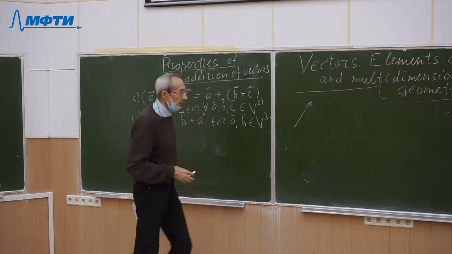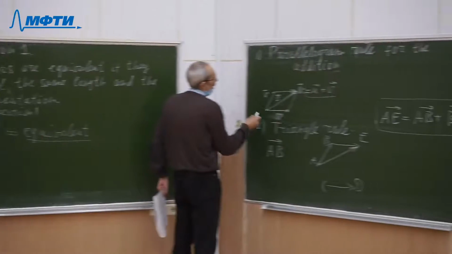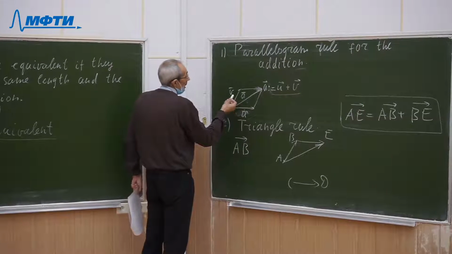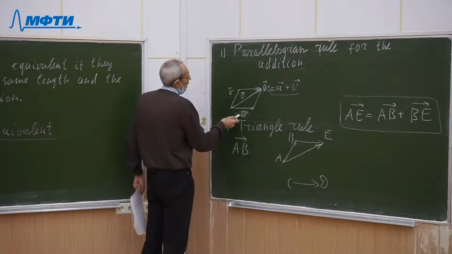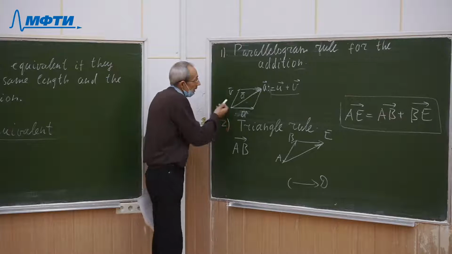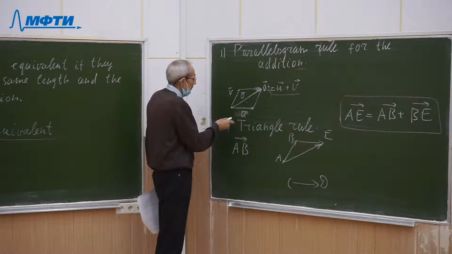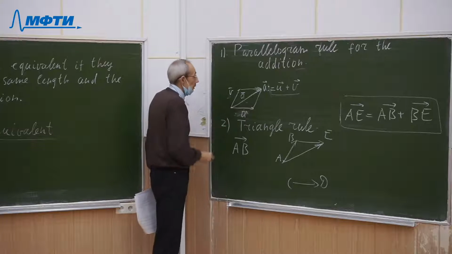Commutativity is easy to follow from the parallelogram rule. We can see that we construct a parallelogram using vectors u and v, and the same result is given using vector u as the first summand and v as the second, and v as the first and u as the second summand.